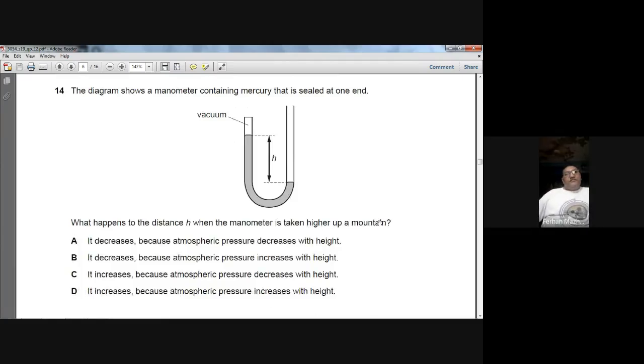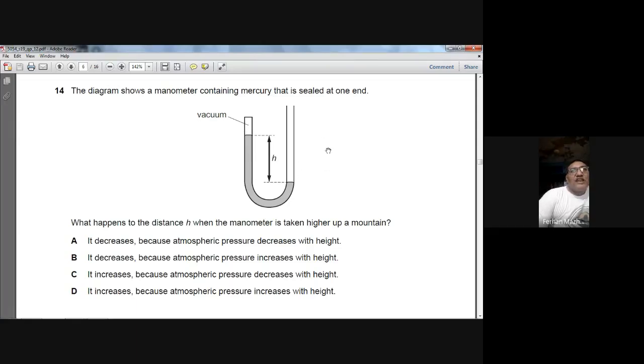Question 14. The diagram shows a manometer containing mercury that is sealed at one end. What happens to the distance h when the manometer is taken higher up a mountain? The difference of this level tells you the difference between the atmospheric pressure and the vacuum.